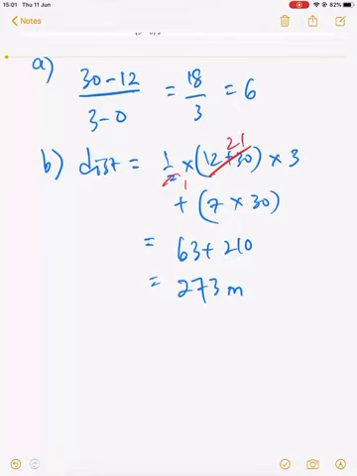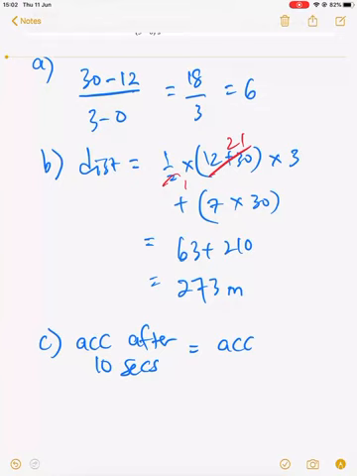We can see that one is going up and another one is going down, meaning one is positive, another one is negative. So acceleration after 10 seconds equals acceleration for the first 3 seconds.